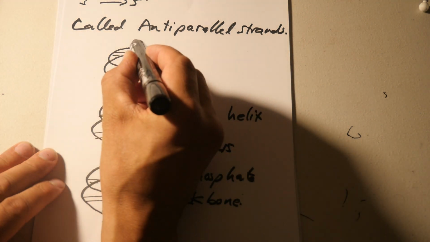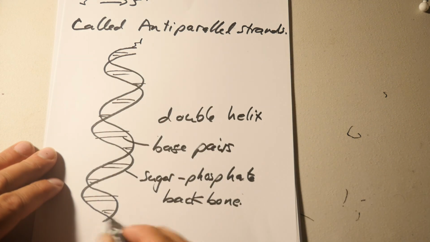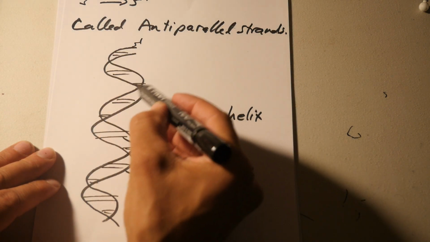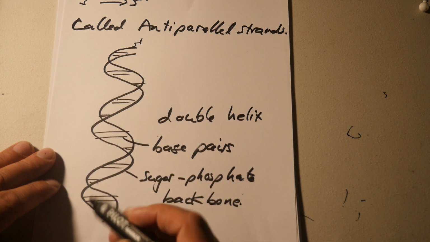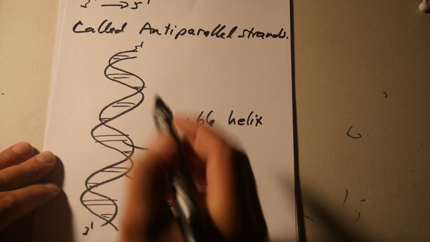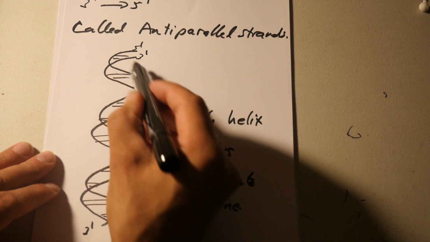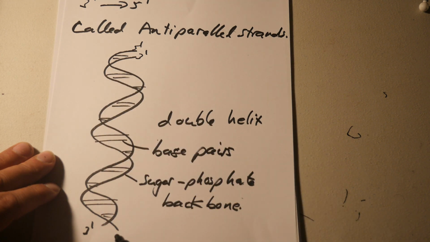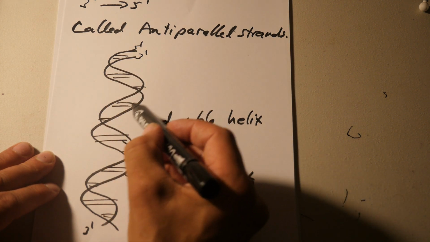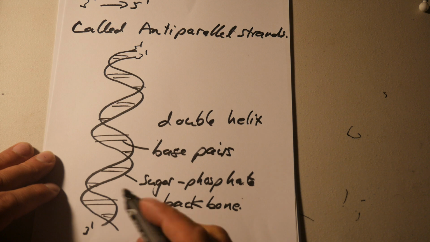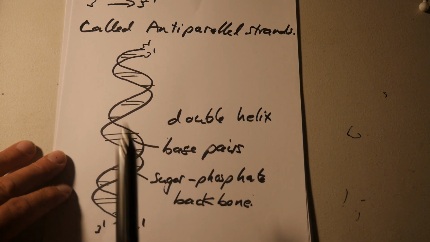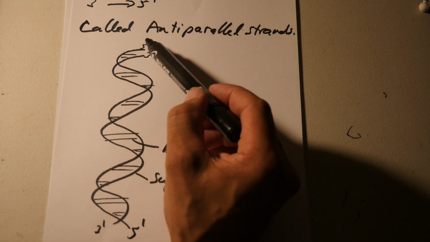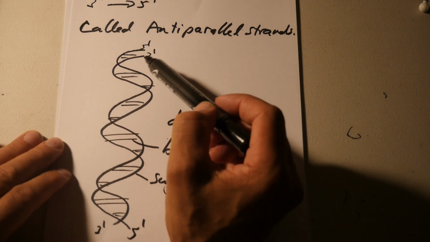I could draw that as 5' there. 1, 2, 3, 4, 5, 6, 7. 3', 3', 1. I could go to that one and check it in case I made a mistake. That is indeed 5', okay? So that's how you draw it. So as I said, it stops at the carbon, 5', 3'.